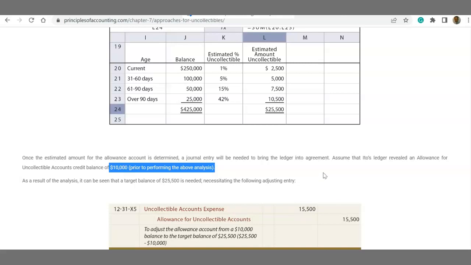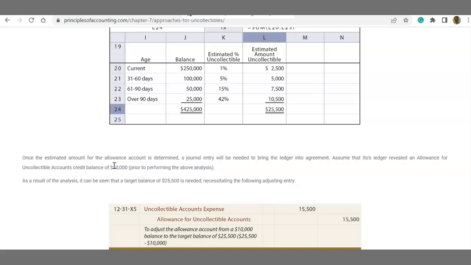So let's say percentage of credit sales. If your credit sales are $1 million for the last 12 months, and you believe 3% of that $1 million in credit sales will not be collected, you multiply 3% by 1 million, and the answer is $30,000.